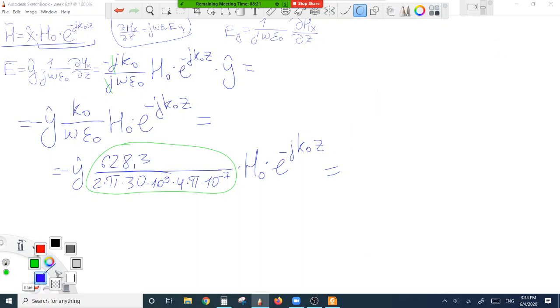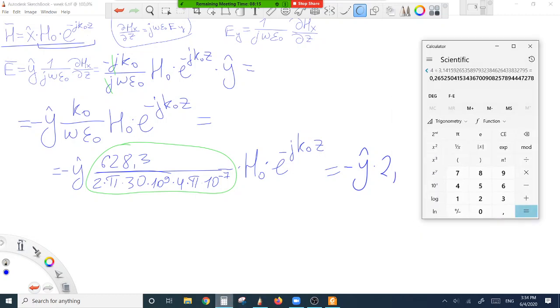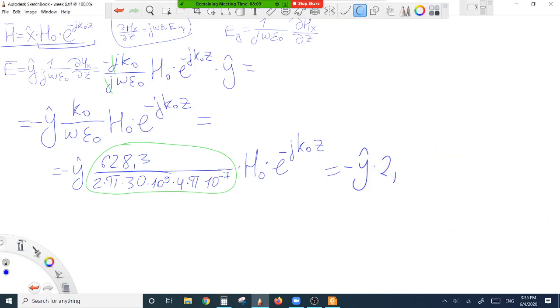So we have minus y multiplied by 2.6525 H0 multiplied by e to the power of minus j k0 z.